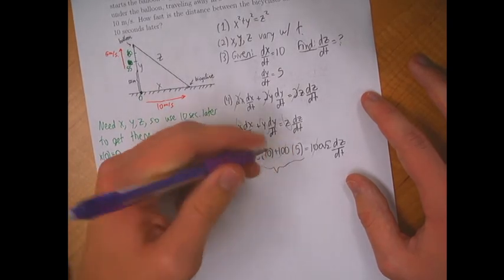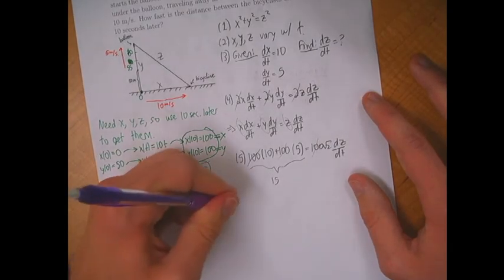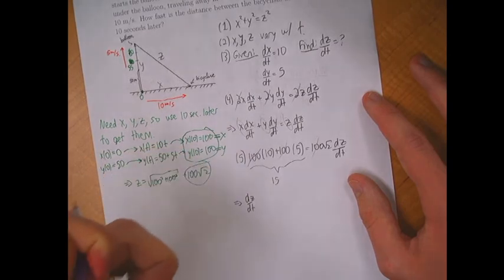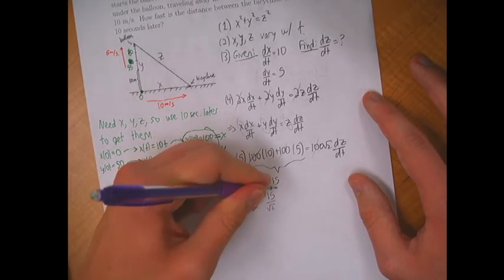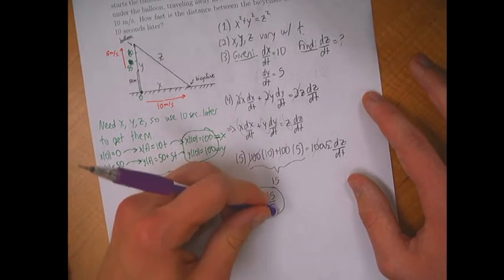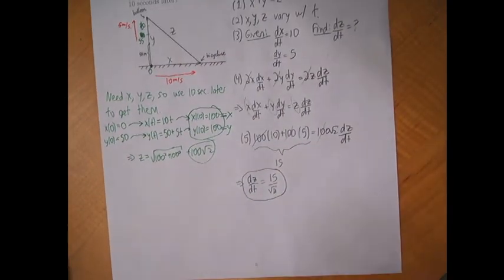This ultimately becomes 15, so dz/dt is equal to 15 over the square root of 2. If you simplify everything, you should get that as your final answer.